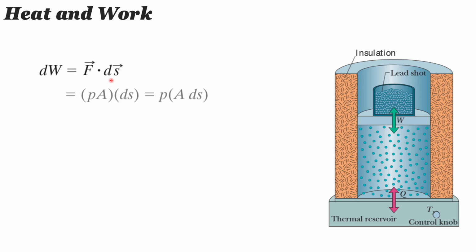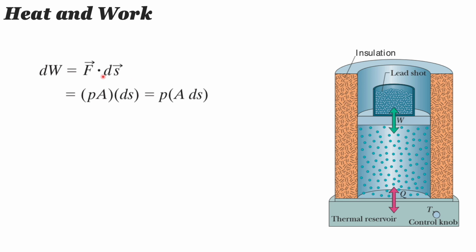In terms of pressure, because pressure is equal to force per unit area, force can be represented as pressure times area, and this is a dot product, so it will be equal to F times ds times cos of theta.